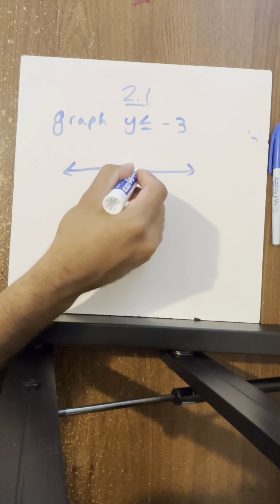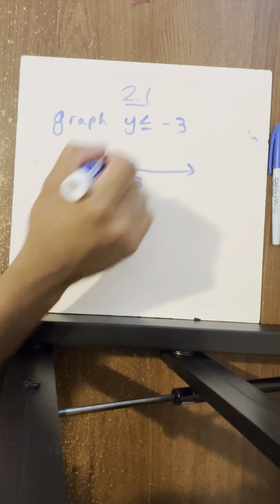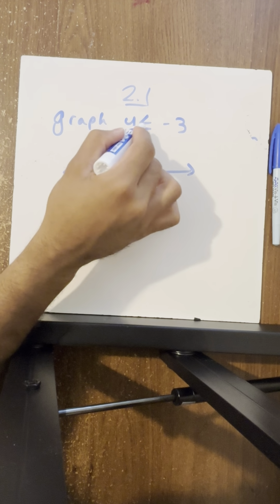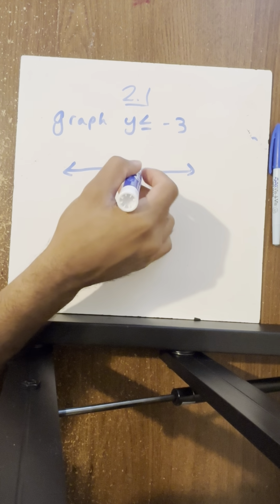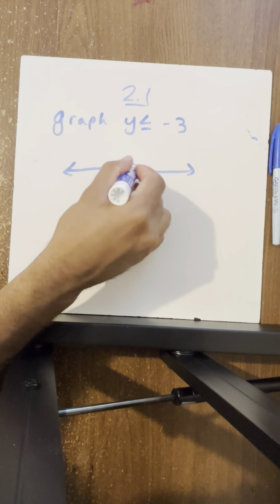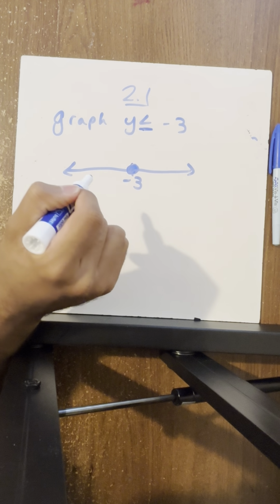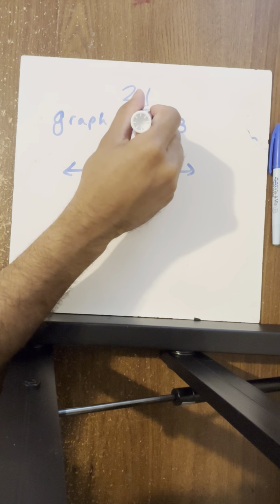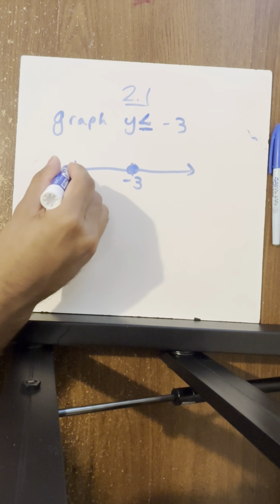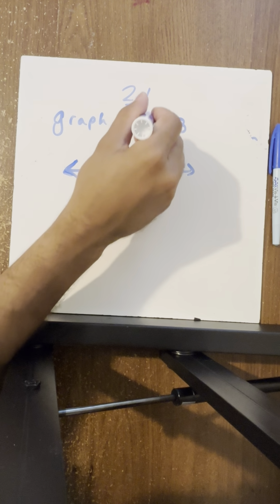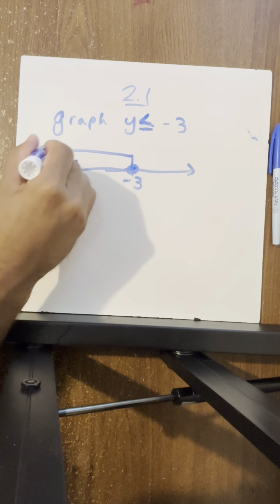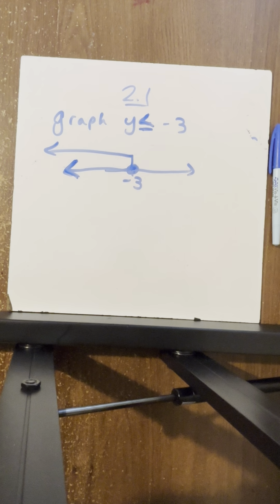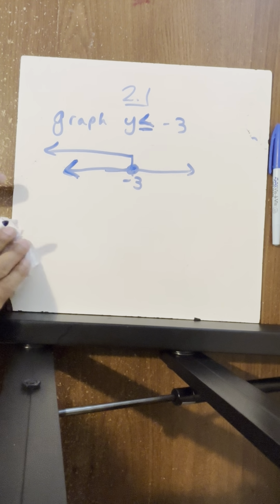Our main number of focus is here at negative 3. This is saying less than or equal to, so it will be a closed circle because of the equal sign underneath. And we notice that the arrow looks like this, which matches this arrow over here. So we'll include all the numbers that are that way of negative 3.